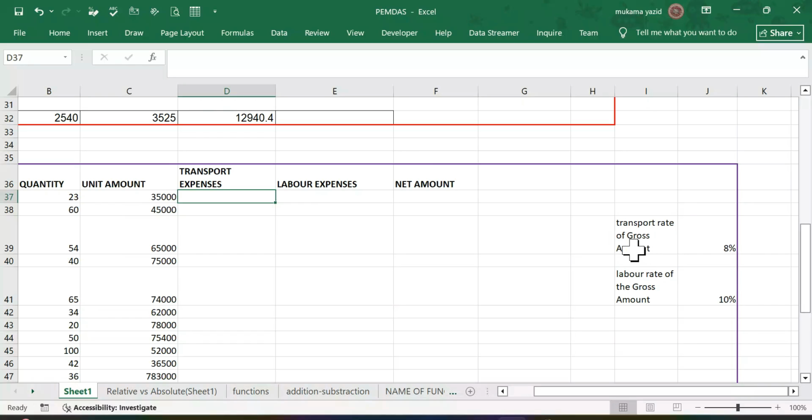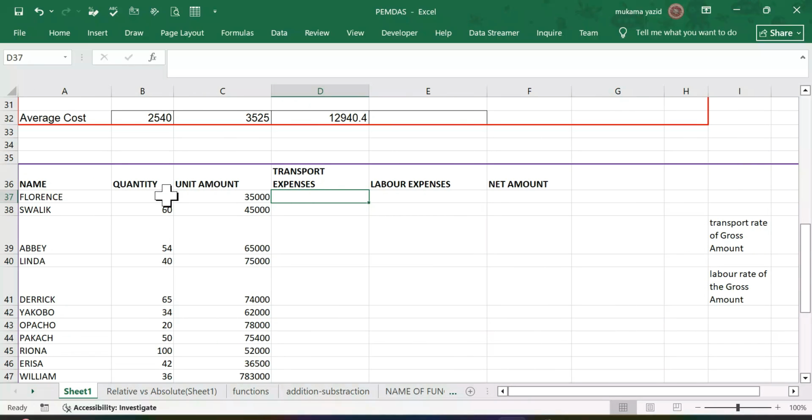But we don't have gross pay. We don't know the gross amount. It's not given in this table. If you check clearly, we are given quantity and the unit amount.